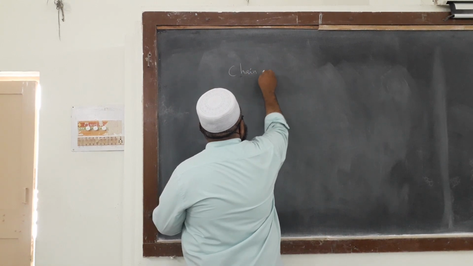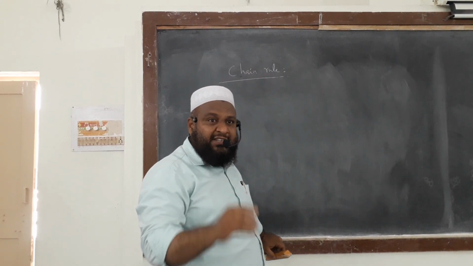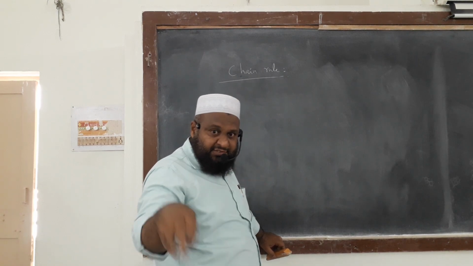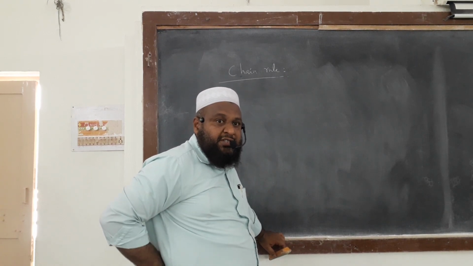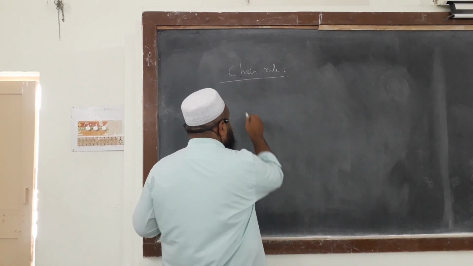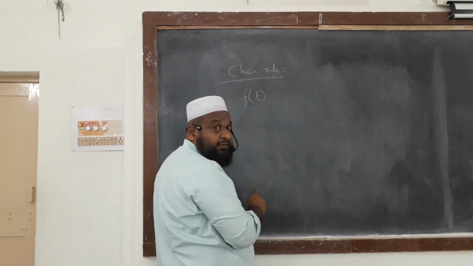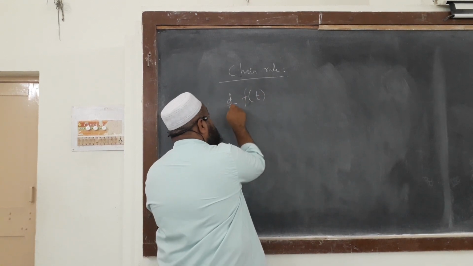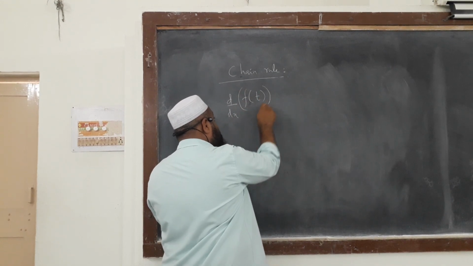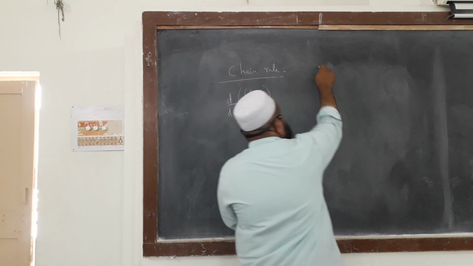Chain rule. The most important of the rules, out of these 4, this is the most important rule, chain rule. Now see here, suppose we have a function of t and we are doing the differentiation of this function of t with respect to x, and that t depends on x.